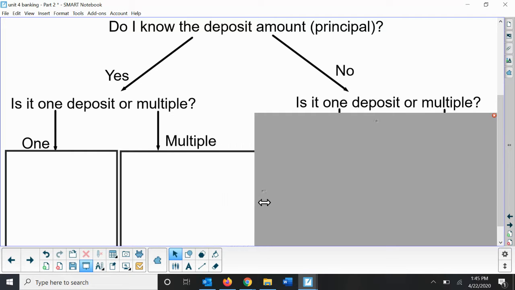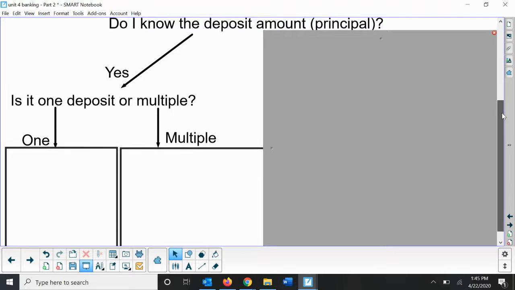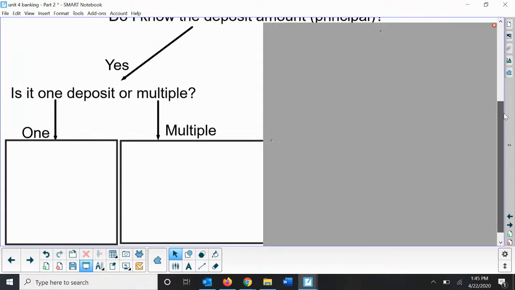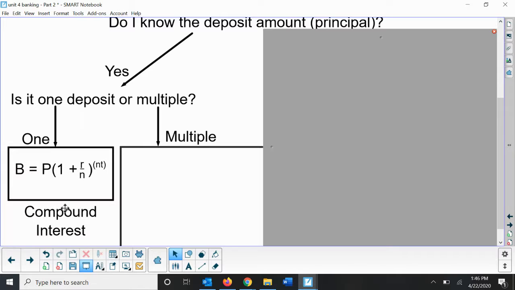So if we do know the deposit amount here, we're just going to look at this side first. We know the deposit amount. So is it one deposit or is it multiple deposits? So for the first option, one deposit, if we deposited $500 into the account just one time, that is a compound interest formula, compound interest problem.